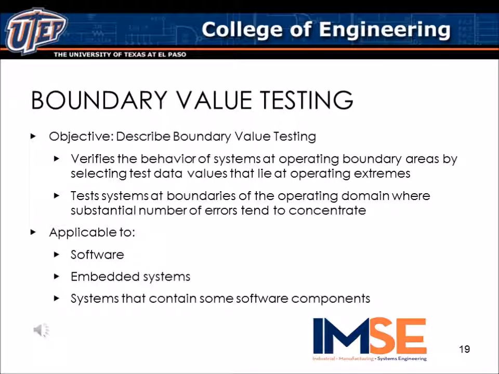A type of black box basic testing is boundary value testing. This method verifies the behavior of systems at operating boundary areas by selecting test data values that lie at operating extremes.